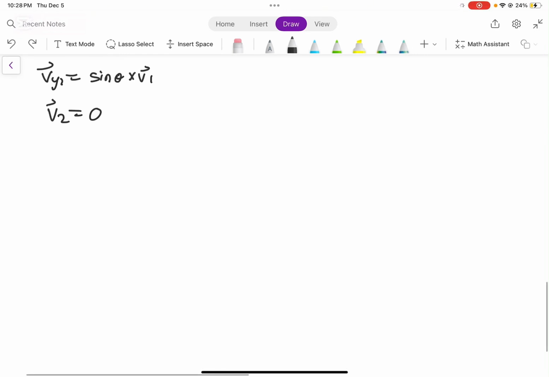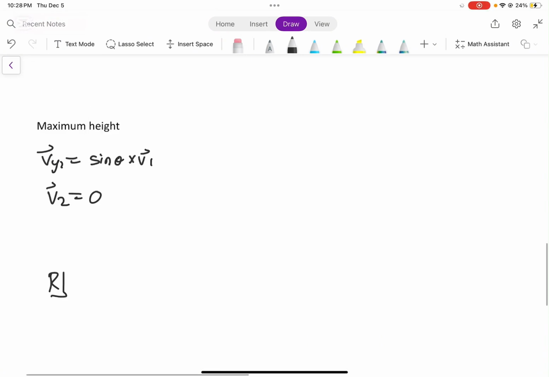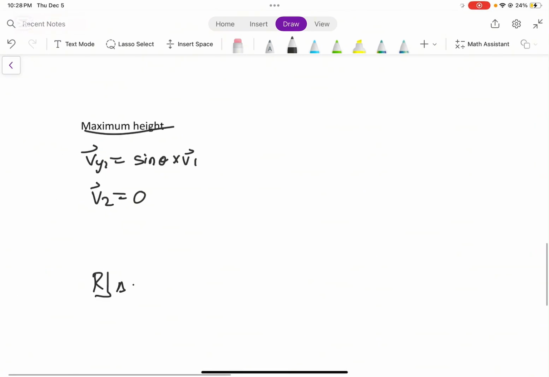What else? Well, what we're required to find, when it says max height, is really delta dy, the distance in the y direction. We know our ay is going to be 9.80 meters per second squared.